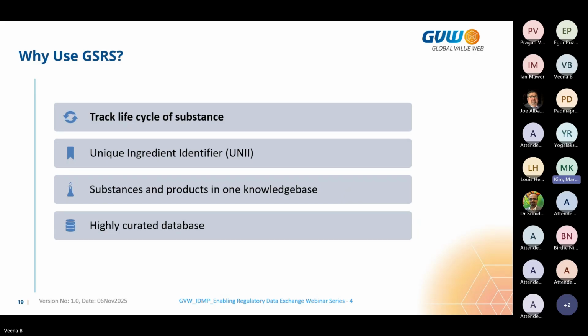And it can be used to track the life cycle of a substance from beginning to end, from when it enters, when it's part of the manufacturing, all the way to when it becomes an impurity. And we are able to do that because of the UNII. So we have substances and products in one knowledge base, and information is highly curated. Next.